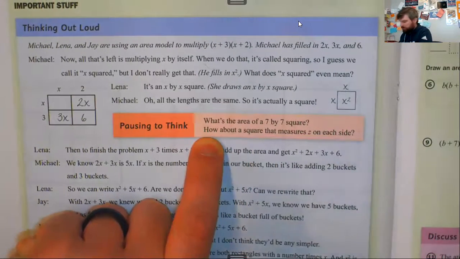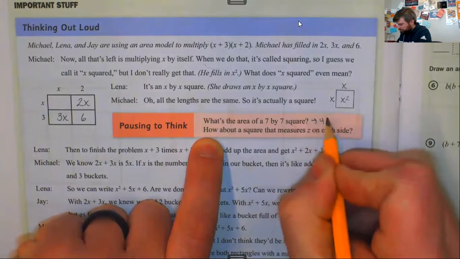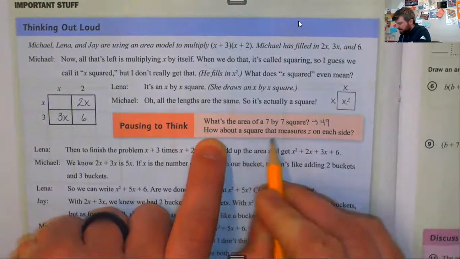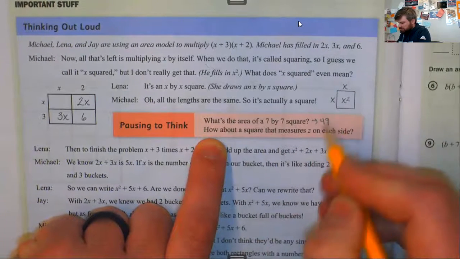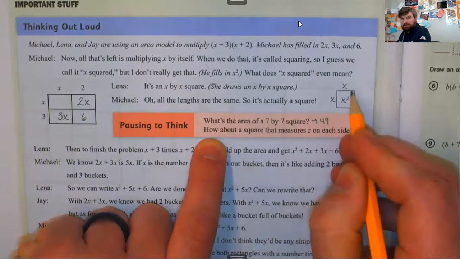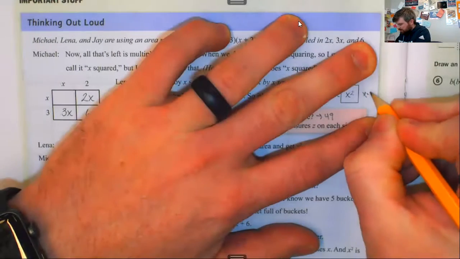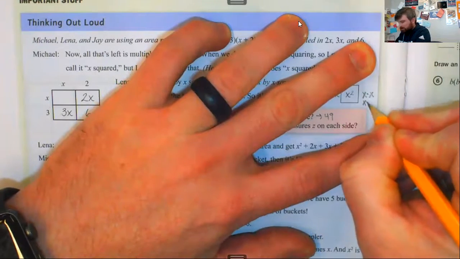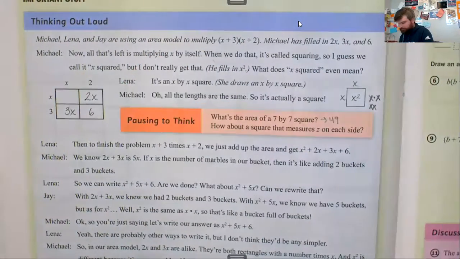So if it's a square, you're just taking 7 times 7, which is 49. How about a square that has the measure x on each side? X times x is xx, and we can just write x squared because that's what it represents.